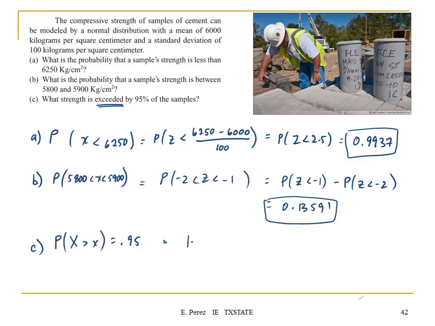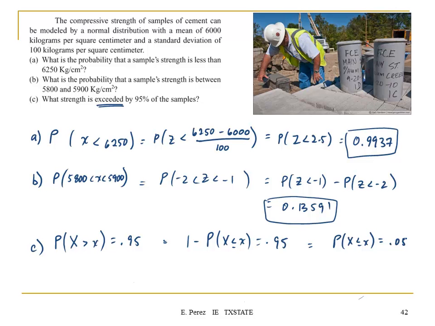So this is 1 minus the probability of X being less than x at 0.95. And this becomes the probability of X being less than x at 0.05. Is that clear? You're looking at exceeding 95% of the sample. So you need to state that probability correctly, and that would basically guide you to solve the problem.